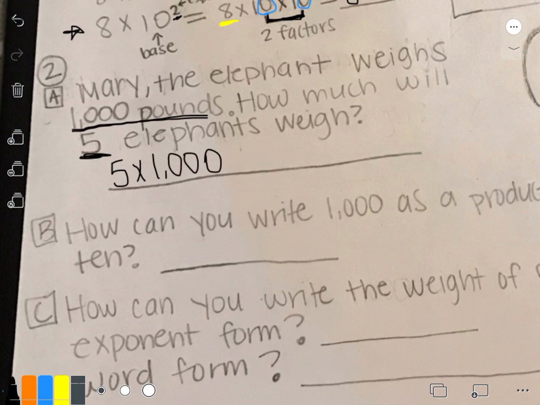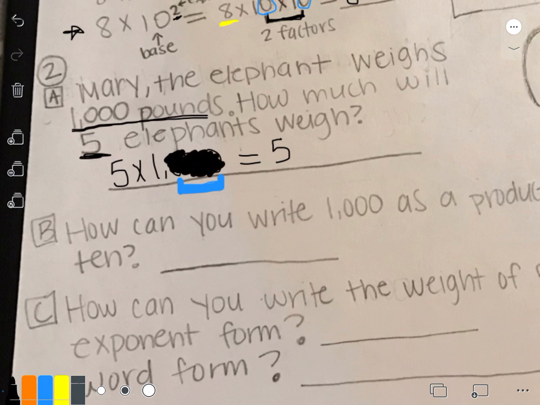Now, we haven't really practiced this type of problem, but you just didn't know it. So I want you to look at 1,000. How many zeros are in 1,000? You should see that there's 3 zeros in 1,000. I want you to wait just a second, and go ahead and write the number 5, okay? And pretend those zeros aren't there. So just for a second, I'm going to scratch those zeros out.